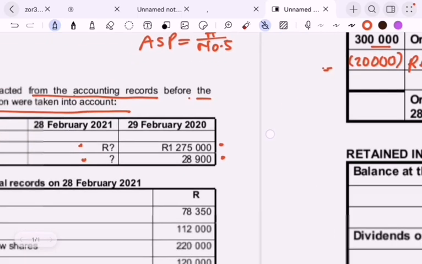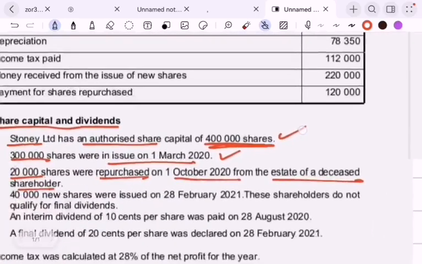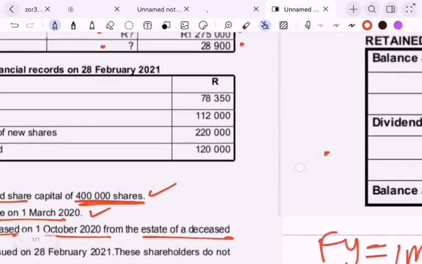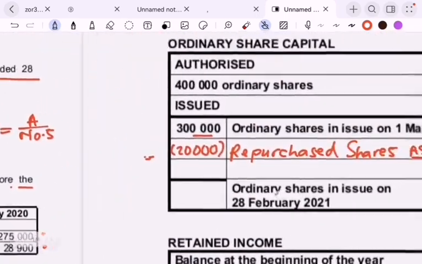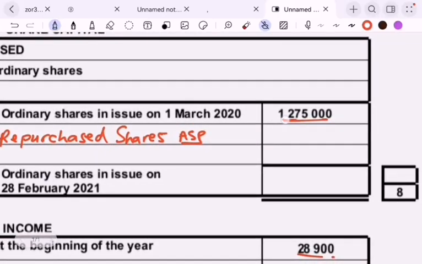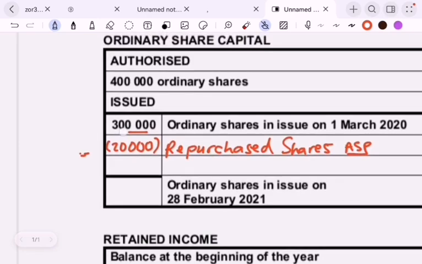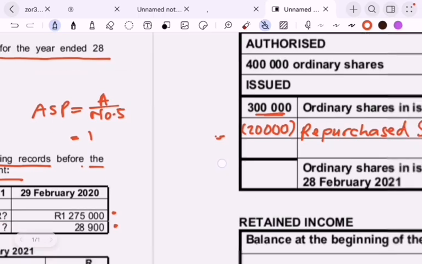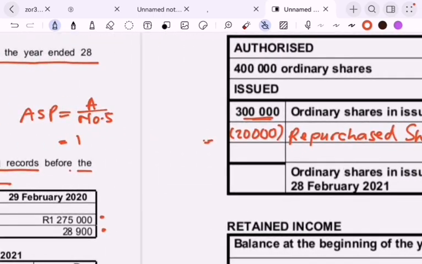Perfect. It would have been easy had they told us an amount that is going to affect the repurchased shares, but now we have to find it ourselves. So what do we do? There we have our amount this side, and our shares this side. So you just take your amount of 1,275,000.